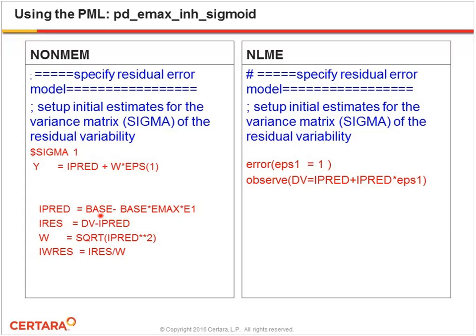Also here you've got some additional lines of code which gives you the expression for the individual prediction, which is base minus base times Emax times E1, IRS, W, and IWS. So this is more or less the code, not too many lines, but it gives you an impression how you can compare these models, the PD models in NONMEM and NLME.